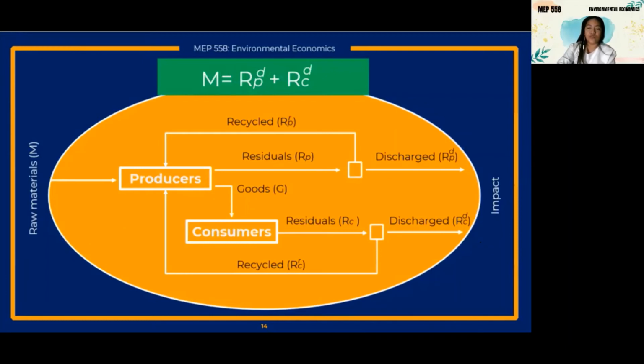And then to reduce the mass of the residuals disposed of in the natural resources, it is necessary to reduce the quantity of raw materials taken into the system.